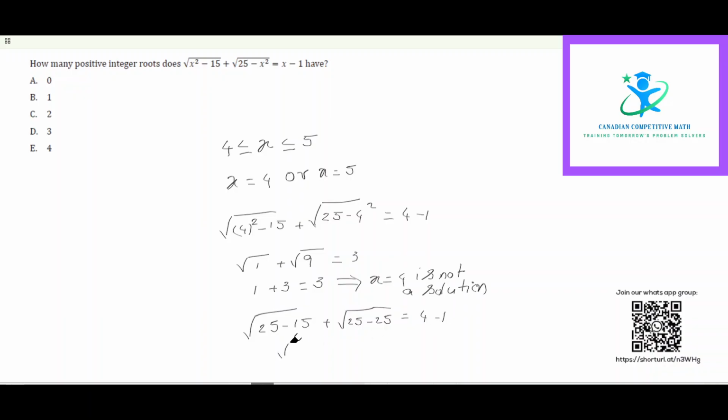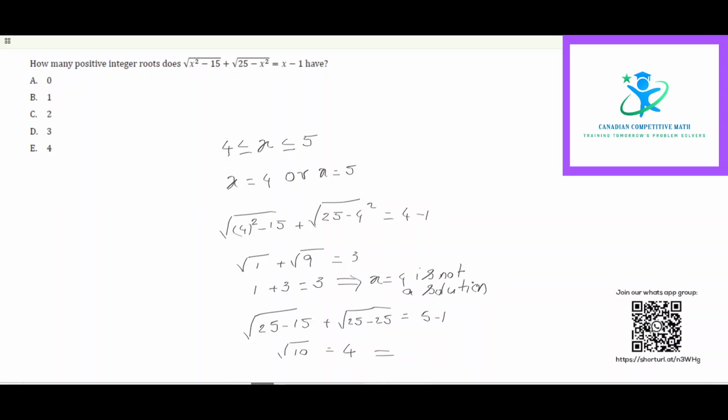So square root of 10 plus 0 equals 4, which is not right.